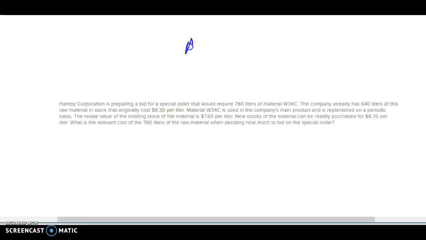Okay, here's another relevant cost question. This question asks us, what is the relevant cost of 780 liters of this raw material when deciding how much to bid on the special order? So we already have 640 liters of this raw material in stock that originally cost $8.30 per liter.